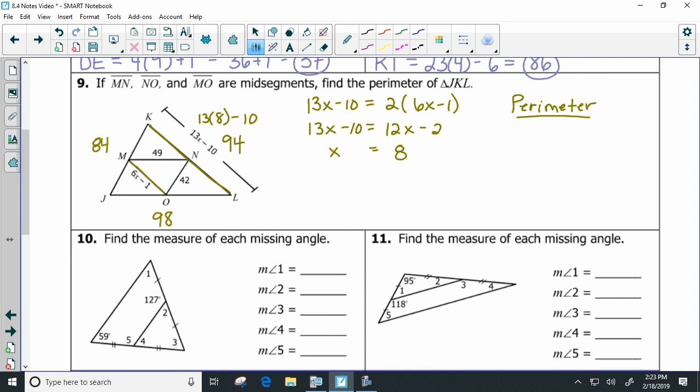So if I want to find the perimeter of this triangle, my 3 sides are 84, 94, and 98. I have to add those 3 numbers together, and I get 276. 276 for a perimeter.